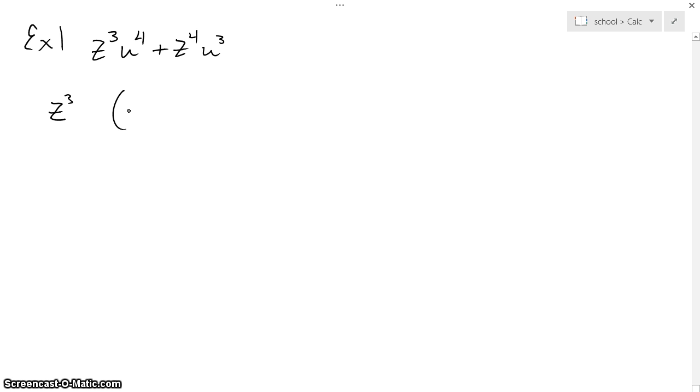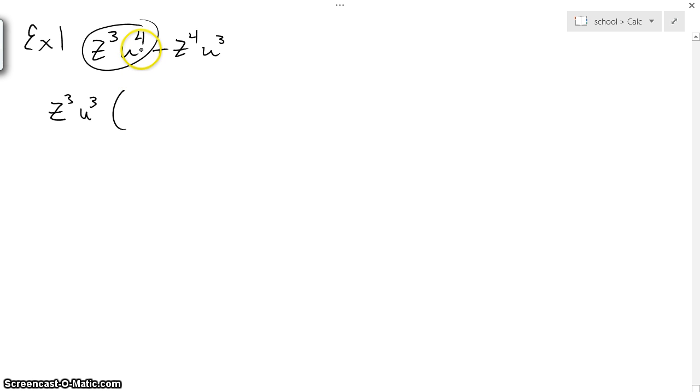Similarly, as I'm looking at my terms with u's, I have u to the fourth and u to the third. In a very similar way, we can say, well, that second term only has 3 u's that I could take from it. So being able to factor out terms from both, I can factor out z to the third, u to the third. What would remain? Well, in my first term here, I've taken all 3 z's away.